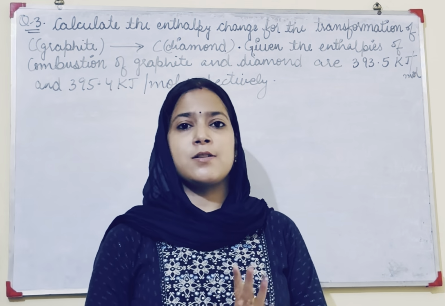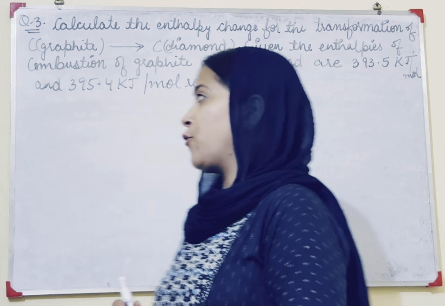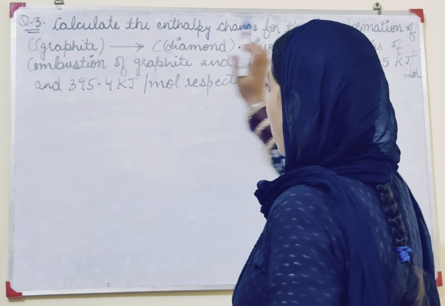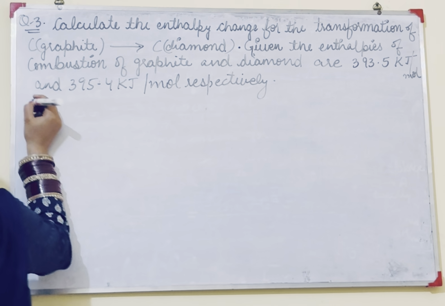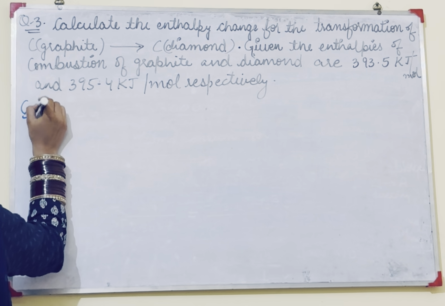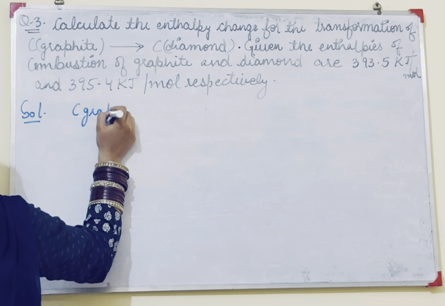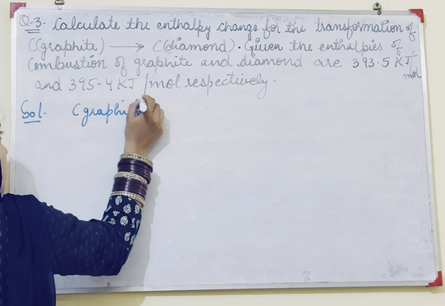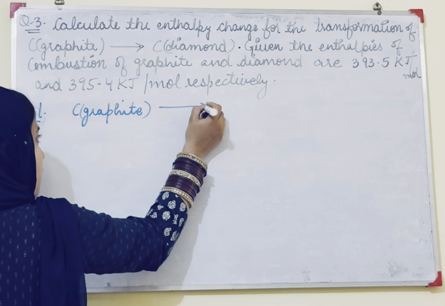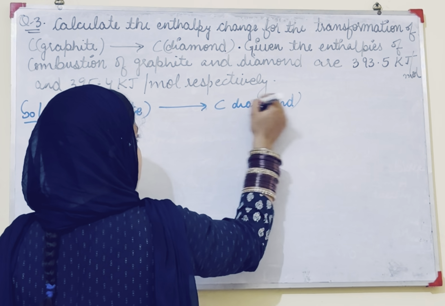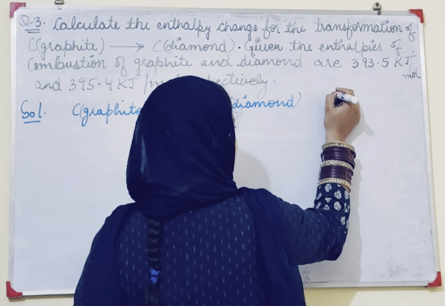To solve this question, what we have to do? First, understand the question. Calculate the enthalpy change for the transformation of carbon graphite to carbon diamond. Its enthalpy change we have to calculate.